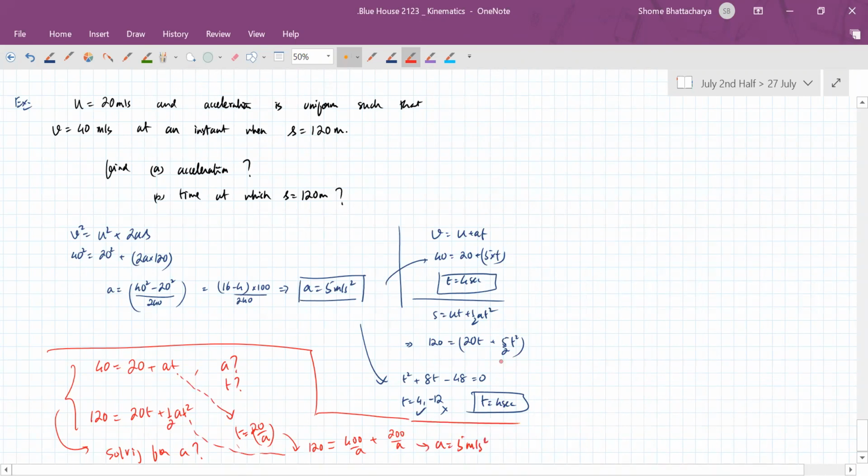That would have been a two-step approach, whereas using this equation was a direct approach. So this is preferable here.